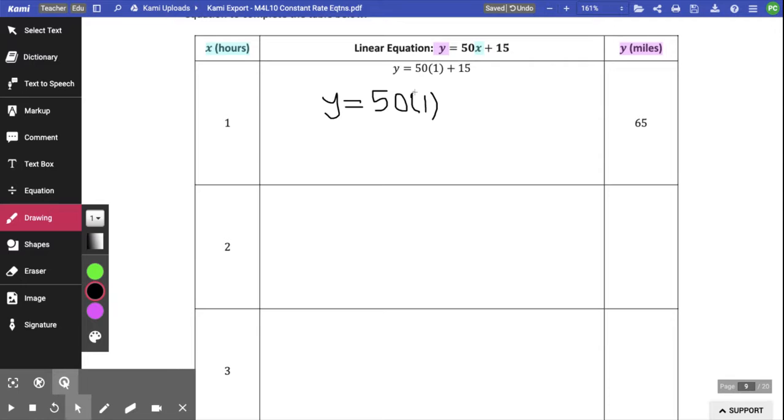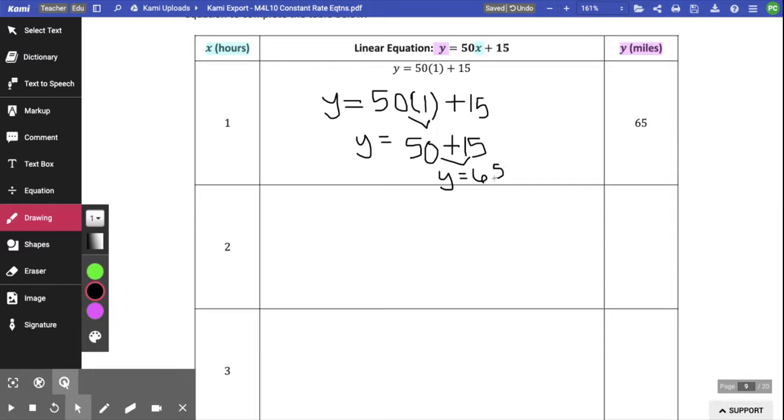So what we're going to do is we're going to multiply 50 times 1, and then we're going to add 15 to it. So 50 times 1 is 50 plus 15, is equal to, and I'm going to just bring down this part, y is equal to 50 plus 15. Then 50 plus 15 is 65, so y is equal to 65.